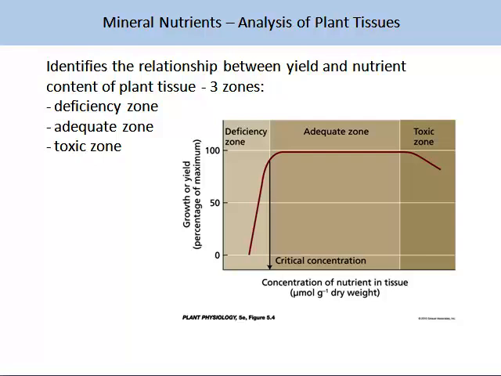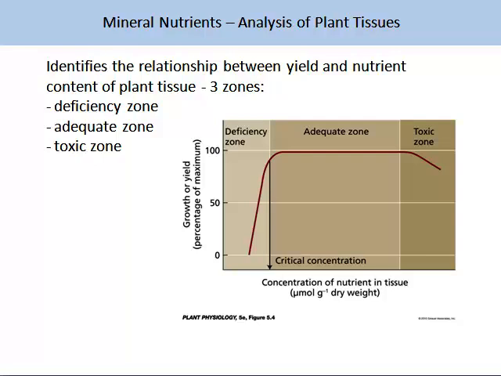Well, we've known for some time that there is an important relationship between yield and nutrient content of a plant tissue. You can break this down into 3 zones. The first zone is described as a deficiency zone, and this is if your plants are growing in this zone, it means that they're not reaching their optimal from a yield perspective.